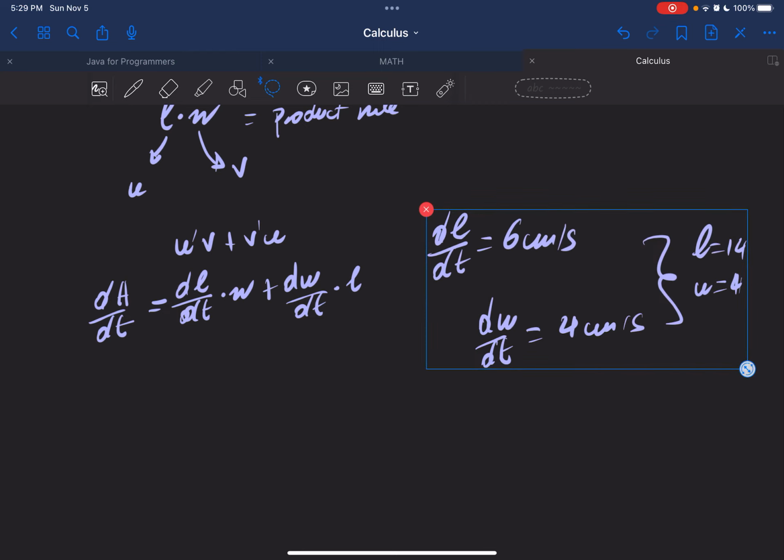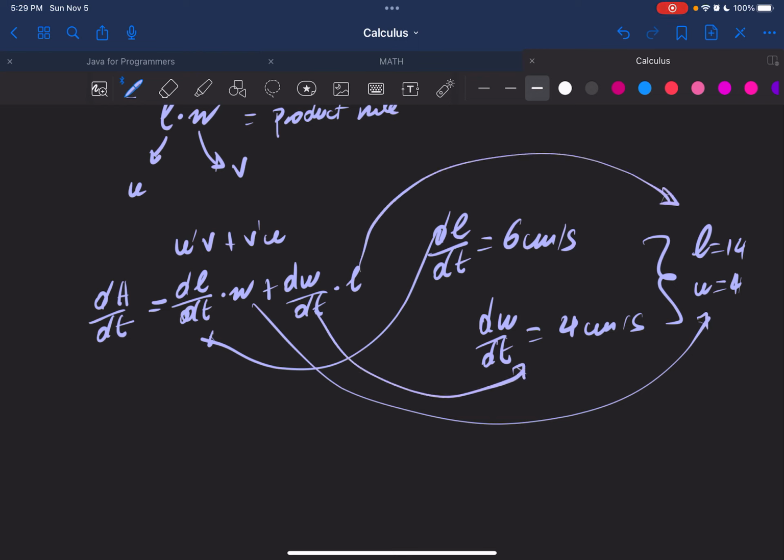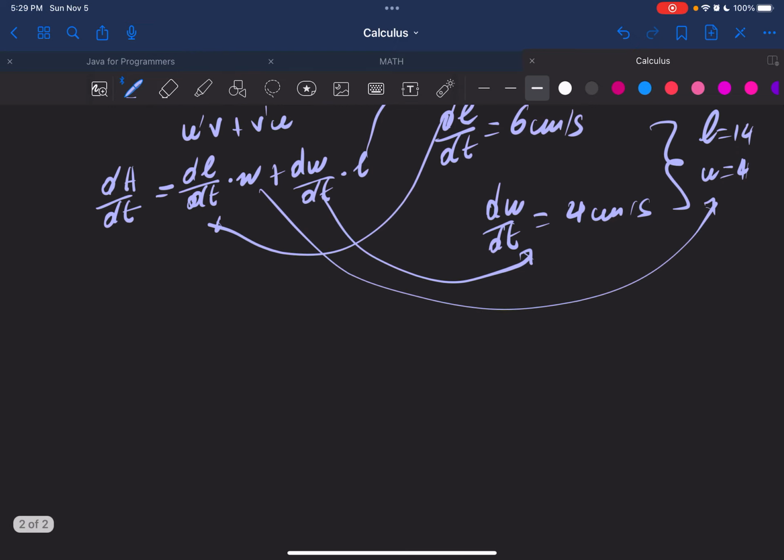Now I have dL/dt, I have the width, I have dW/dt, and I have my length. I can just put all of these into my equation to find what dA/dt is. So this gives me dL/dt, which is 6, multiplied by the width, which is 4, plus dW/dt, which is 4, and the length, which is 14.